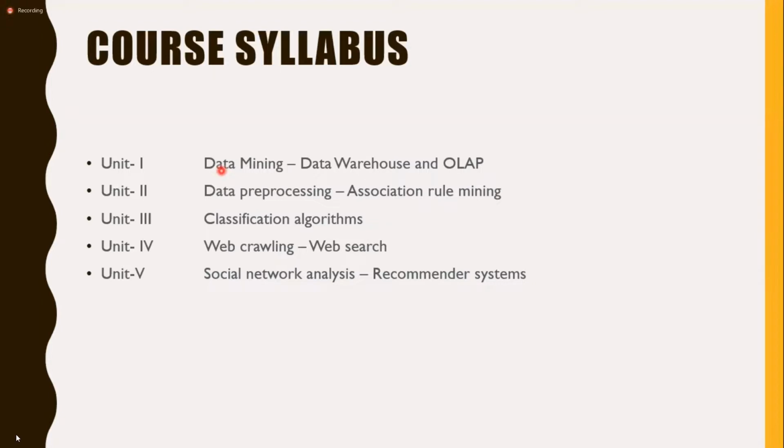So we have data cleaning, data selection, and data transformation, converting the data into a suitable form for mining, data reduction. So as I said, there are multiple dimensions in a data.